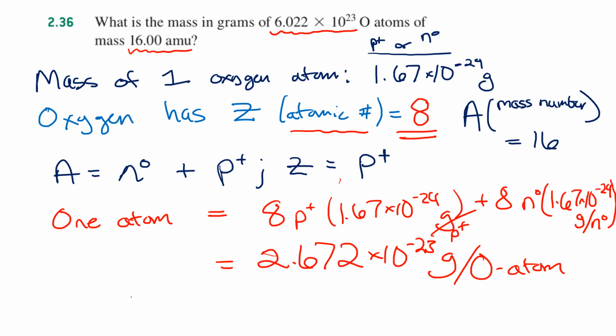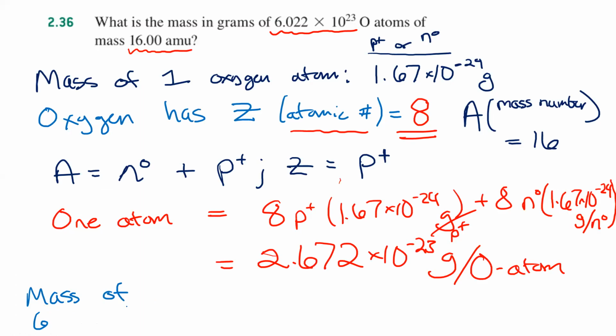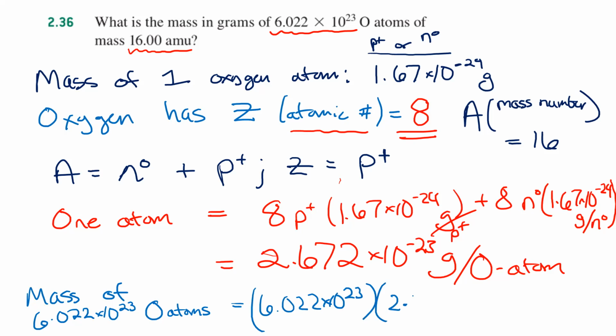So finally, we can go to the mass of 6.022 times 10 to the 23rd oxygen atoms. It's going to be equal to, of course, that number, 6.022 times 10 to the 23rd, multiplied by 2.672 times 10 to the minus 23rd grams per oxygen atom.